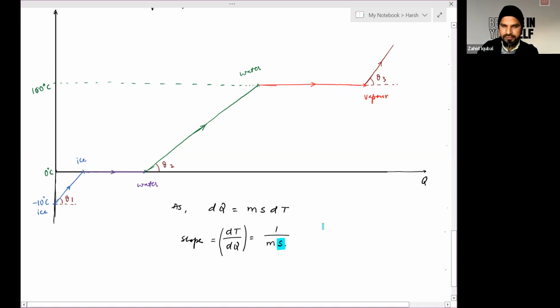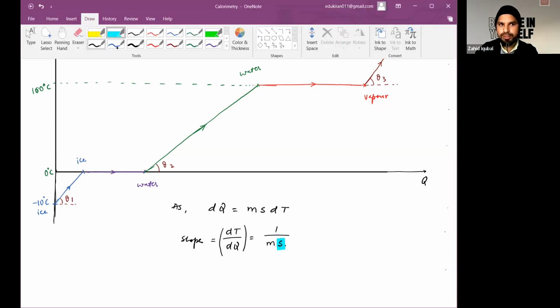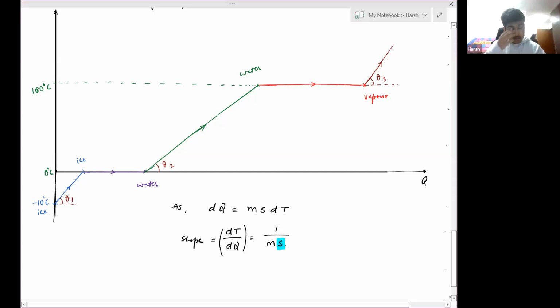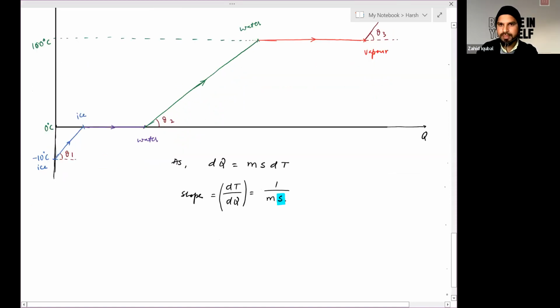So the greater the specific heat of a substance, the smaller the slope. Is it clear? Yes, sir. As I defined above, for ice and vapor, specific heat was 0.5, but in case of water, it is maximum, that is 1 calorie per gram per Kelvin.